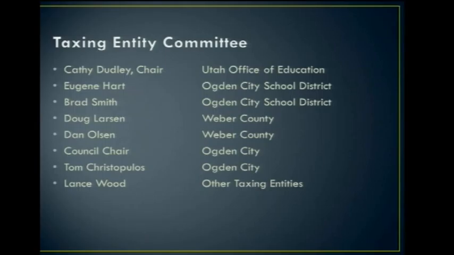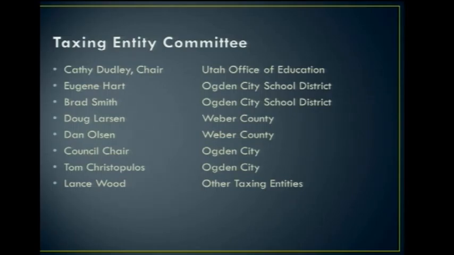other taxing entities are affected by that diversion. The state has required the Redevelopment Agency to put together a taxing entity committee, and this is the taxing entity committee for Ogden City.